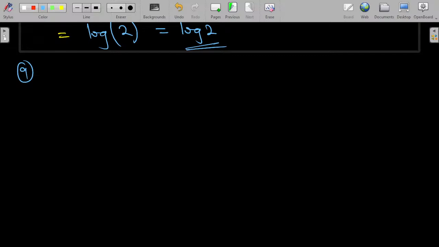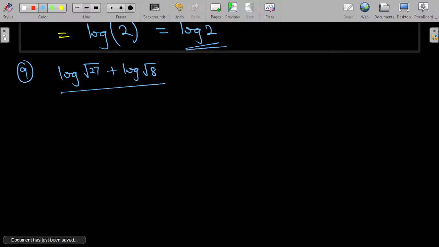Number 9, we are asked to simplify another logarithm: the log of root 27 plus the log of root 8, all over the log of 3 plus the log of 2. So what is this going to do for us?